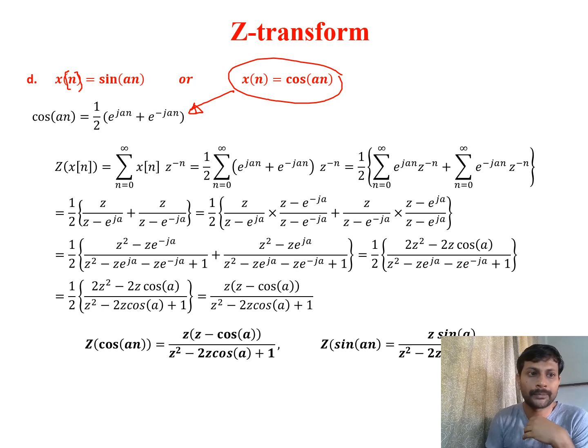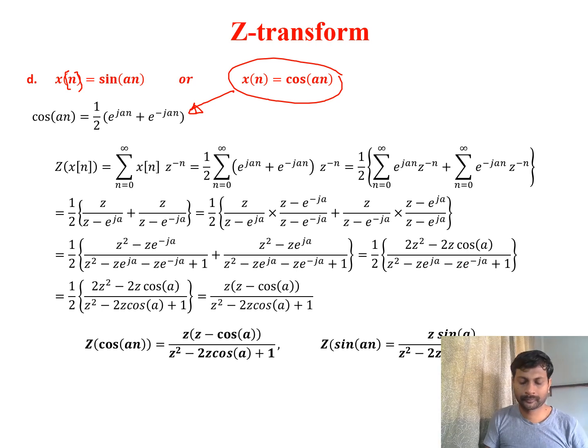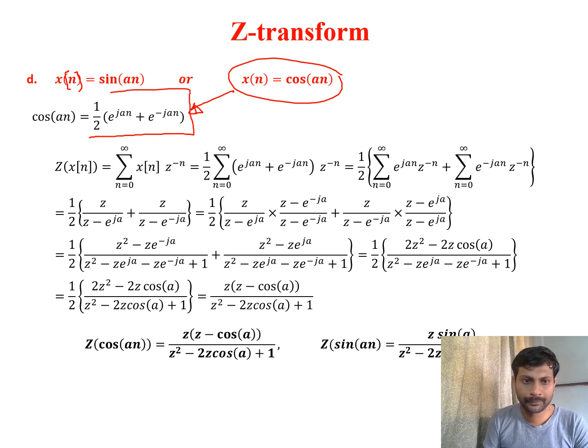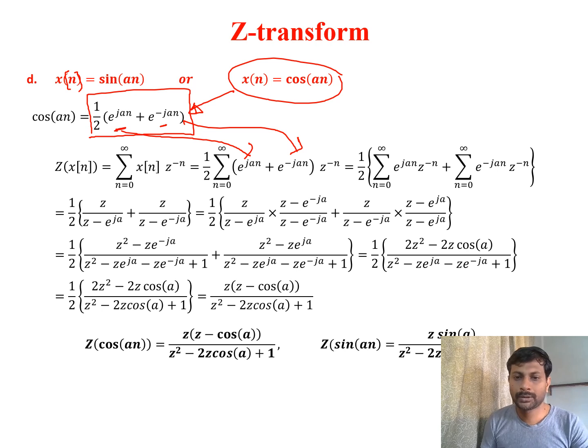This is the formula. So let us replace the value of x[n] by this term. This has two terms, so one term will come here and another term will come here. We have to determine the transform of the two terms separately.